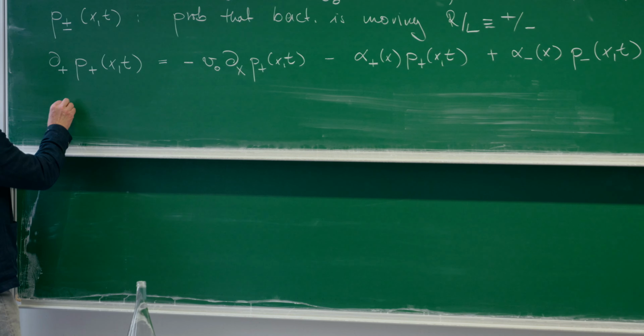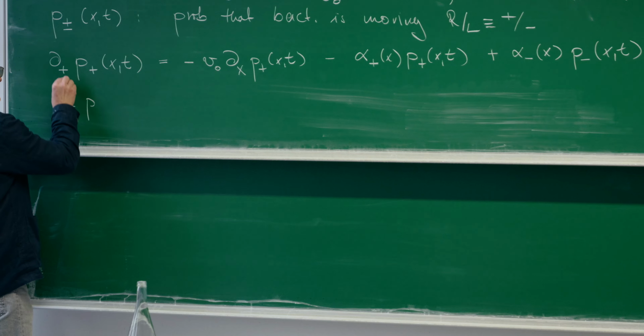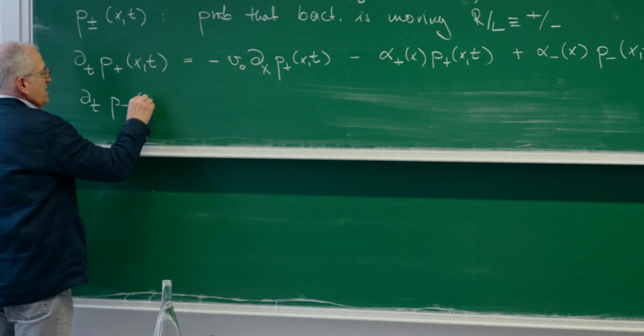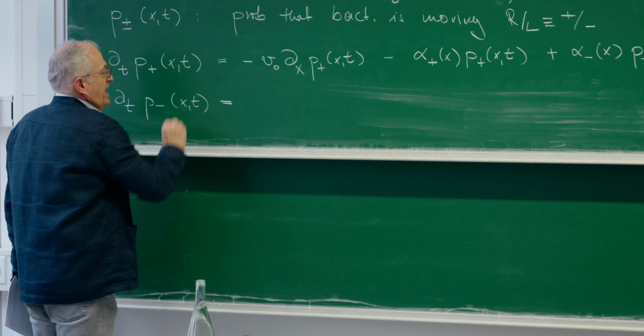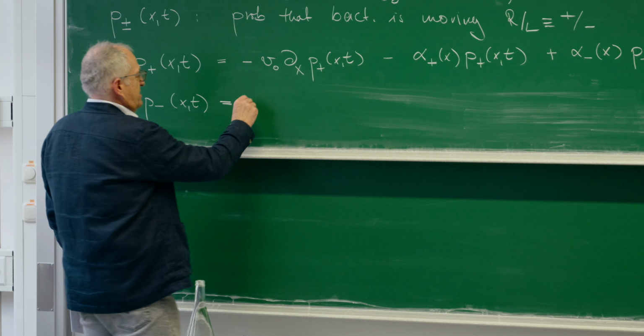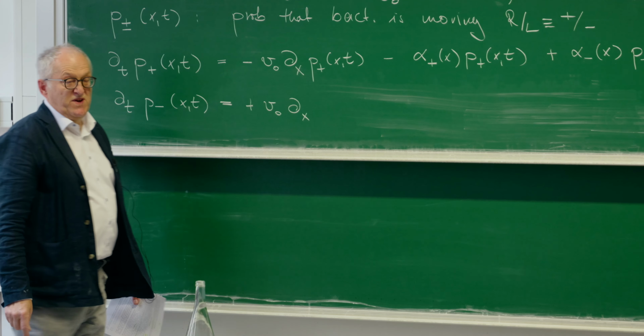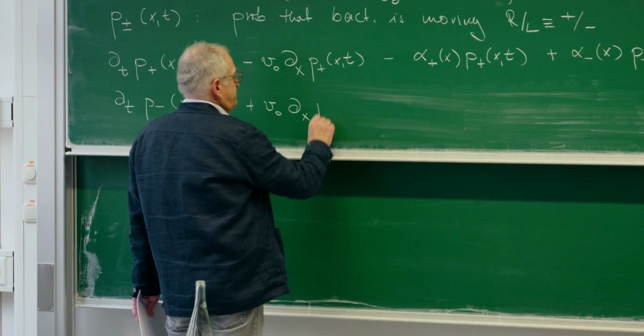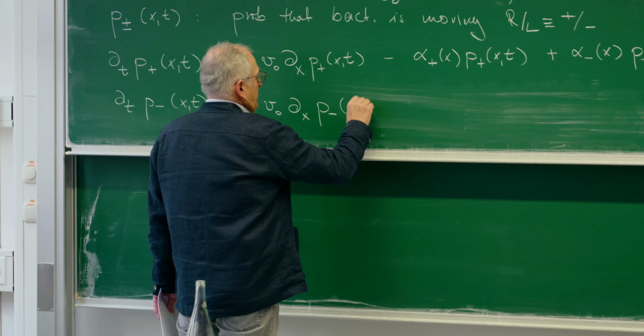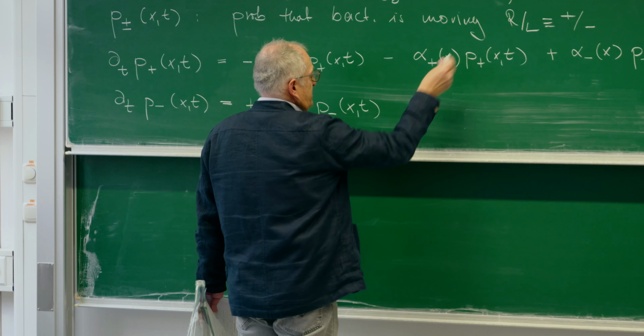And similarly for the motion in the minus direction, to the left, this is now with a velocity minus v naught, which gives a plus v naught in the drift term, dx p minus of x and t, and then just the opposite.